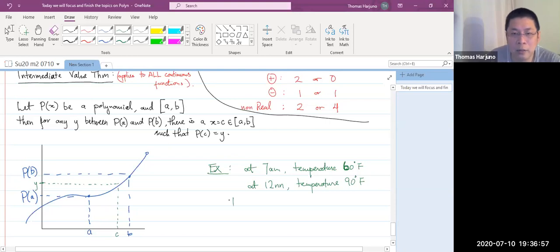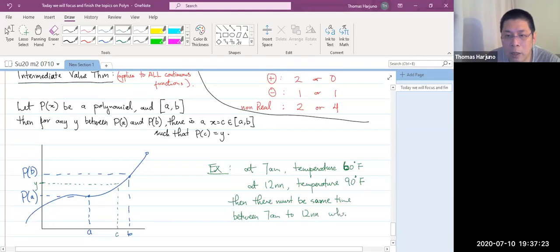Okay, then there must be sometime between 7 a.m. to 12 noon when the temperature is any number between 60 to 90, let's say 80 degrees Fahrenheit.